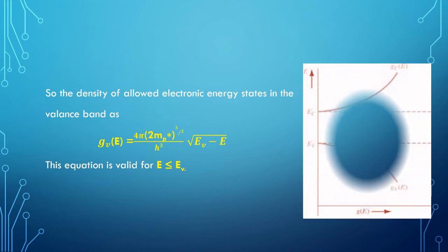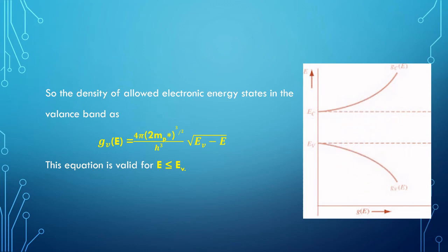And this is the plot of density of energy states in the conduction band and the density of energy states in the valence band. This side is called GC(E) and this side is called GV(E). This is valid for EV less than E less than EC. So this is the plot of density of quantum states as a function of energy.